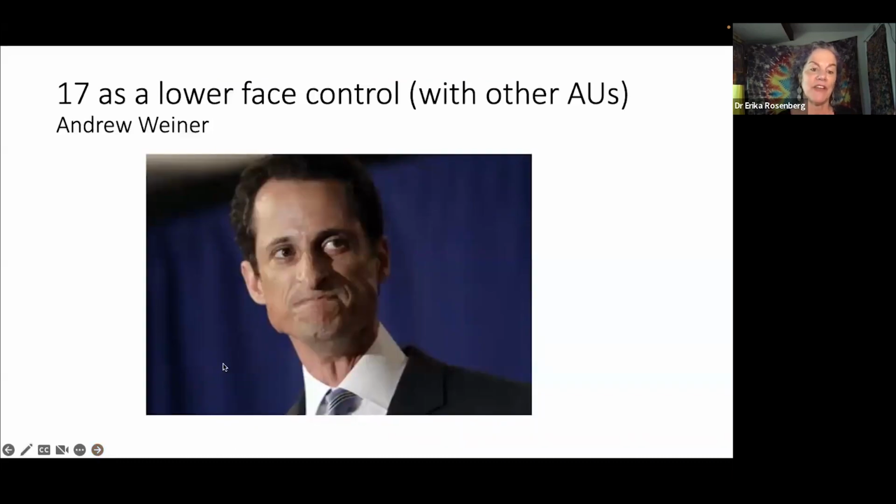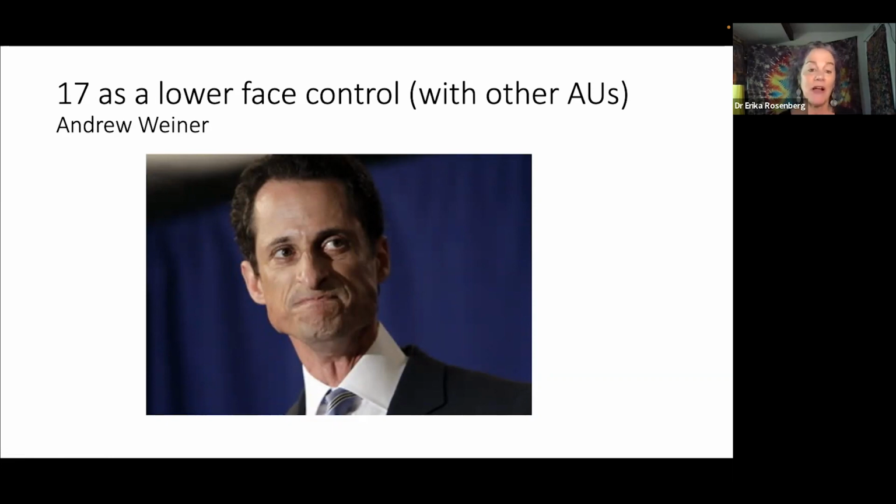Here's an example of AU 17 being used as a lower face control. 17, dimpling the chin boss. He's also got other AUs here. He's pressing his lips together with action unit 24. And there also looks to be a sign of action unit 9. This is the disgraced congressperson Anthony Weiner, who had been exposed for sexual misconduct.